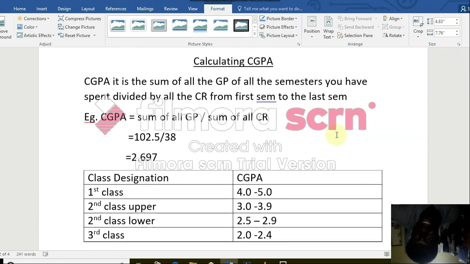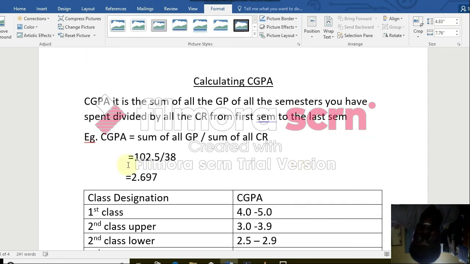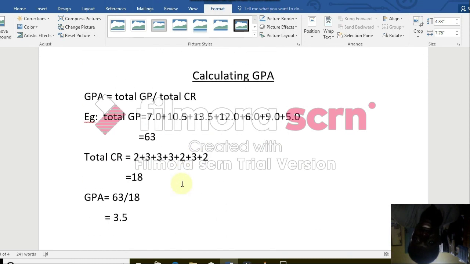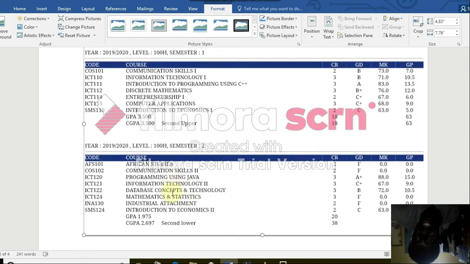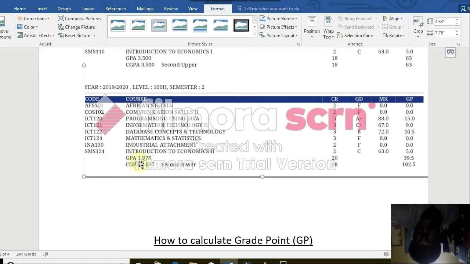So let's go back to our calculation. 102.5 divided by 38 is going to give us 2.697. So over here you can see that the grade point average was 1.1975 for only the second semester.